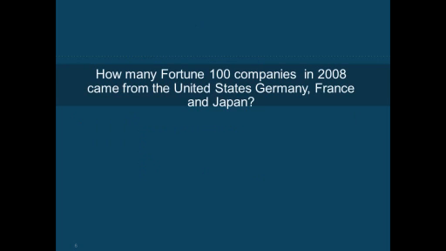All right, moving on. So let's try an example and put some of these ideas to work. The first question that I thought about asking, and again, a way of working with the strategies that we have: how many Fortune 100 companies from 2008 came from the United States, Germany, France, and Japan?